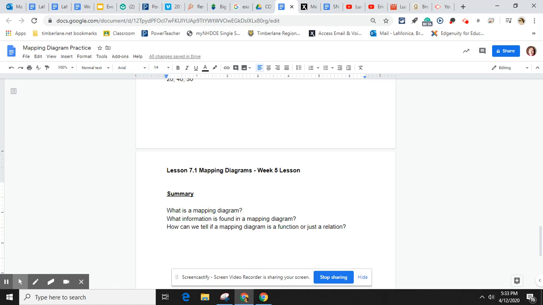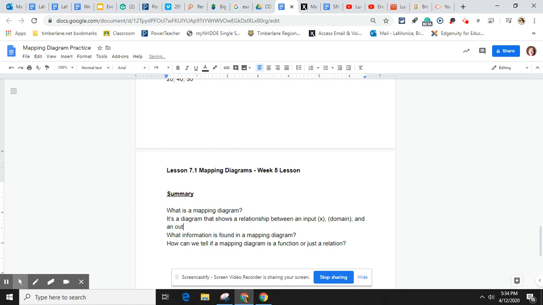So here's our summary. What's a mapping diagram? It's a diagram that shows a relationship between an input X, could also put domain, and an output Y, range.